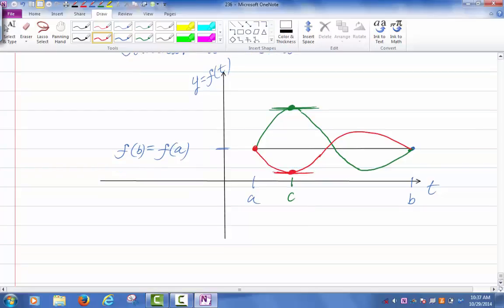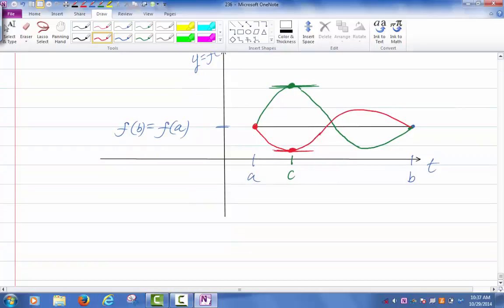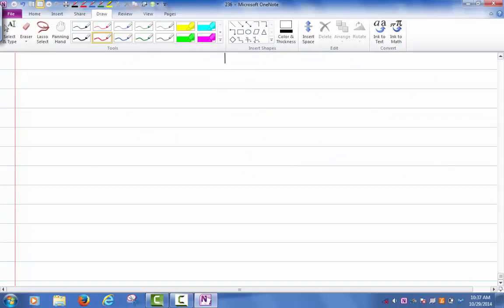So let me state Rolle's theorem again for you. Rolle's theorem says the following.